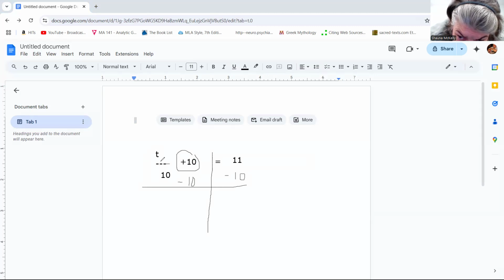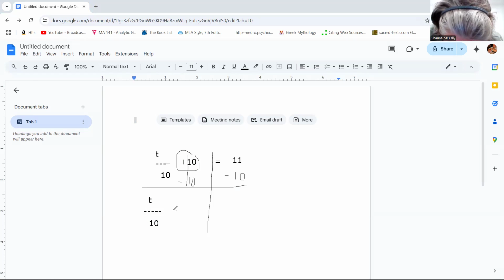This means this fraction stays intact. So what I have now is t over 10, the plus 10 and the minus 10 cancel. They go away.